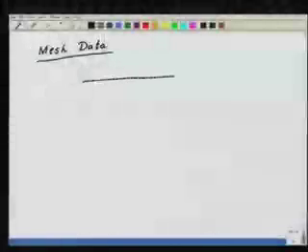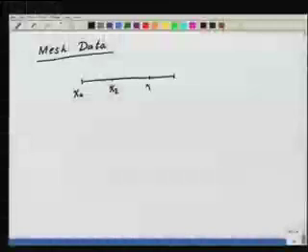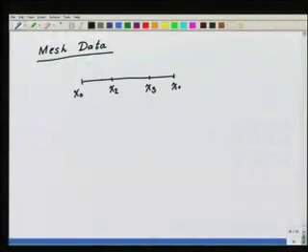Now that we have defined the three partitions of the domain, remember these are not nodes, but these are the partitions of the domain honoring the material boundaries, the point of application of the point load, and the extremities of the domain. So it is x2, x3, x1, with lengths L1, L2, L3.